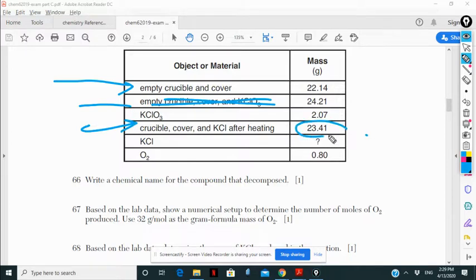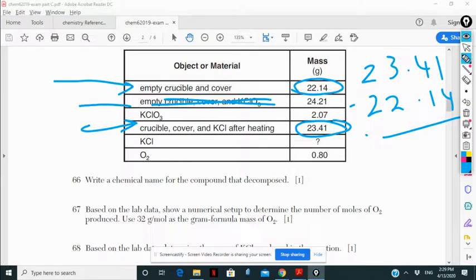So the weight here, if you see crucible, cover, and potassium chloride, here is empty crucible and cover. So if I subtract, I'm going to get the mass for potassium chloride. So that's 732.1, 1.27 gram.